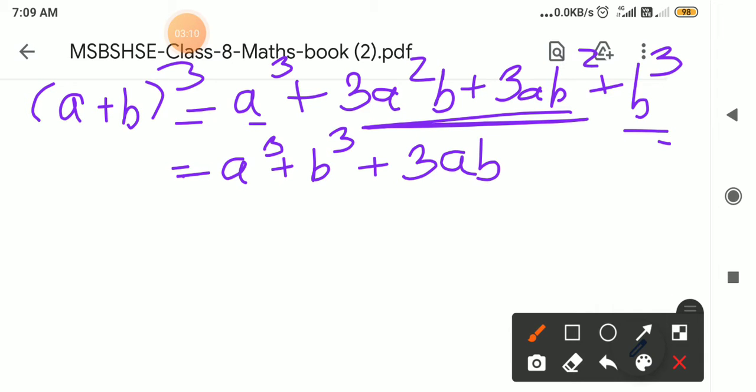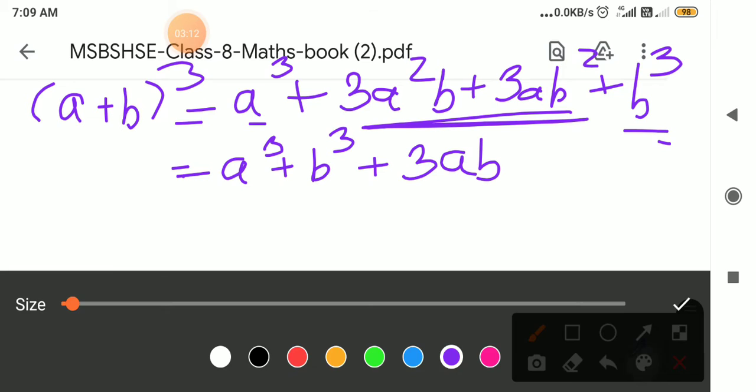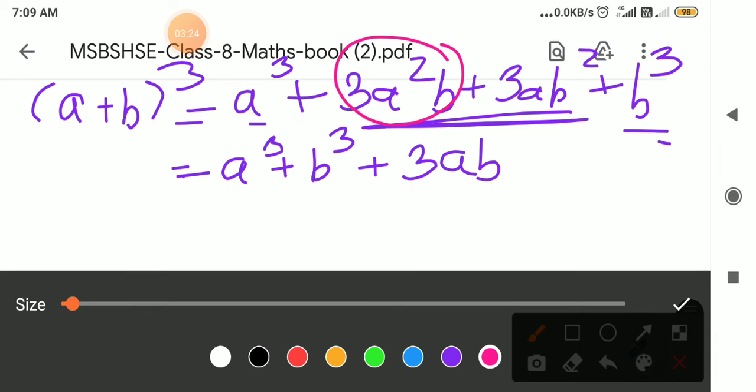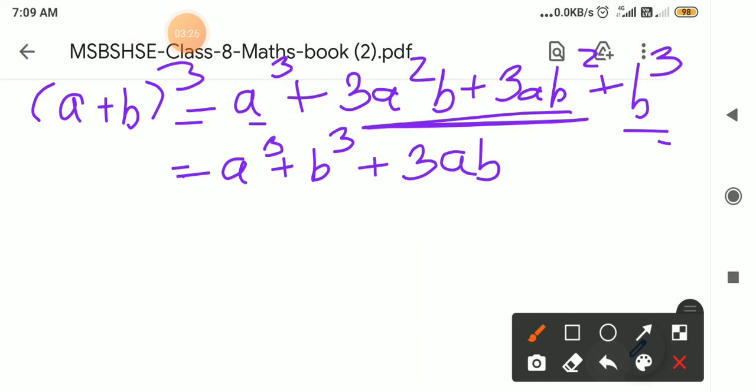Now if we take out 3ab common from these, then what remains is only a, into bracket a.